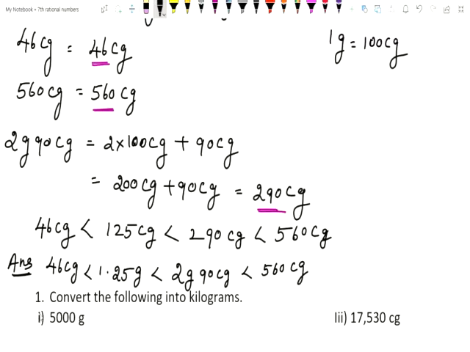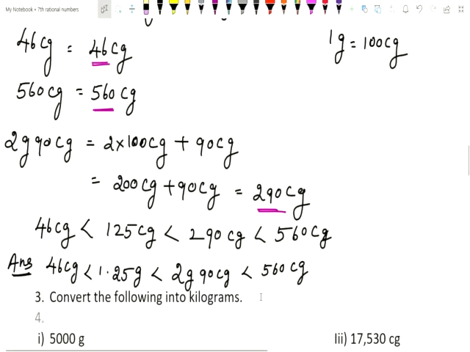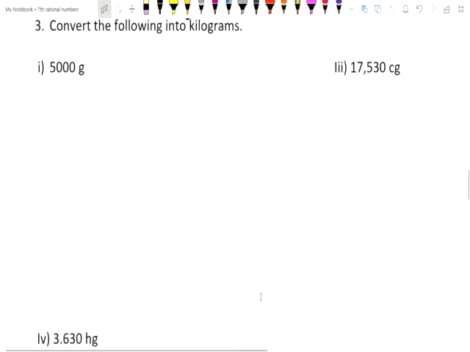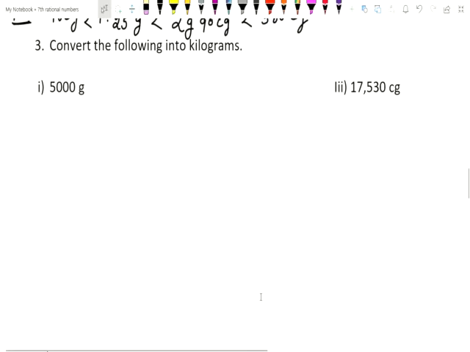Okay, children. See the next one. Third question. Convert the following into kilograms. First question is 5000 gram.